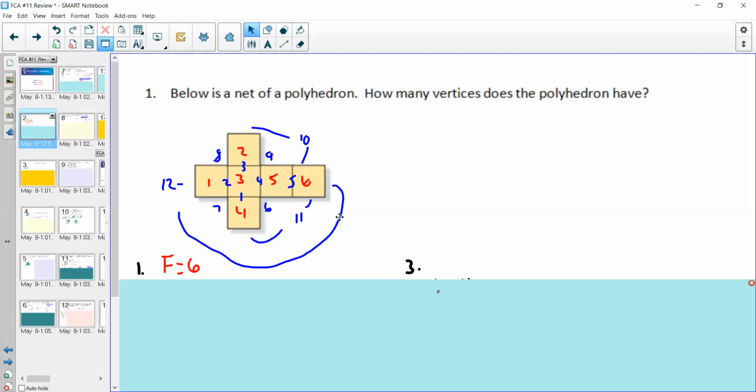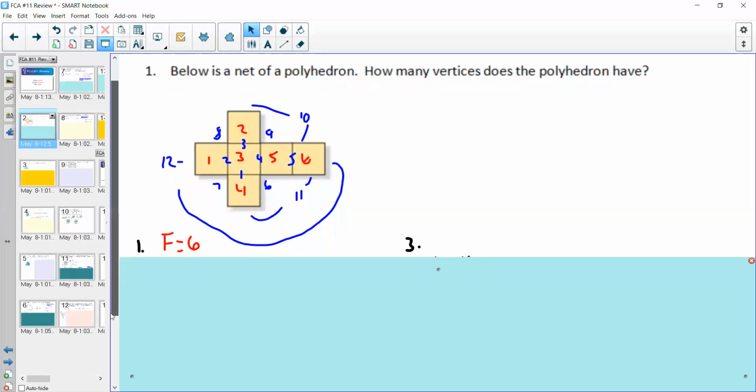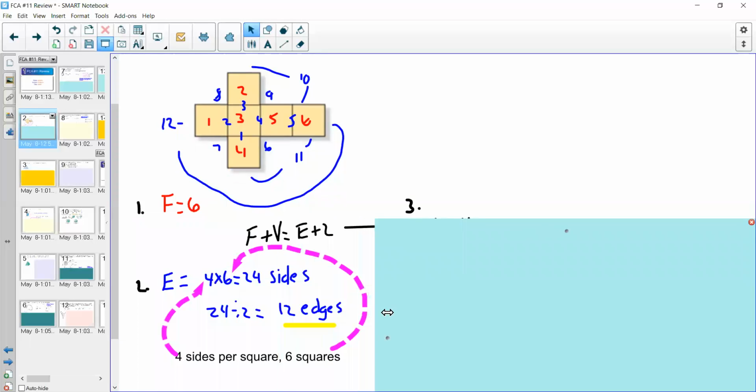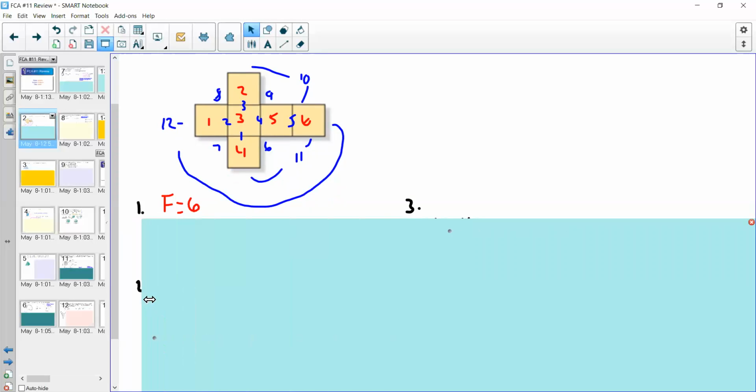What's easiest for me is I can determine the number of faces. Remember, that's the polygons. You got 1, 2, 3, 4, 5, 6. And I showed you in the video an easy way to determine the number of edges. Remember, the definition of an edge is where two sides come together.